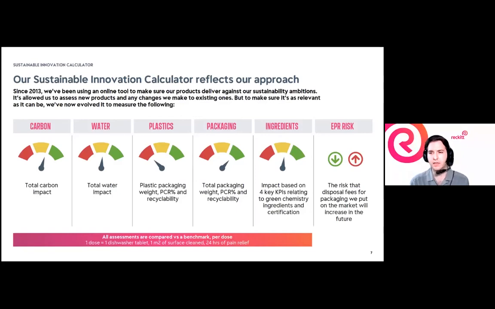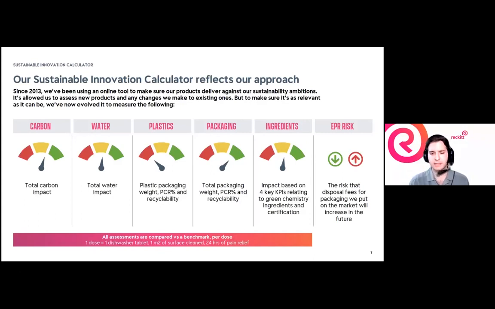Now, an important thing to note here about our tool is that it is comparative. So not only does it compare the current innovation against a previous benchmark, which might be a previous version of that innovation or a previous version of that product, but it could also be a benchmark product that delivers the same result.